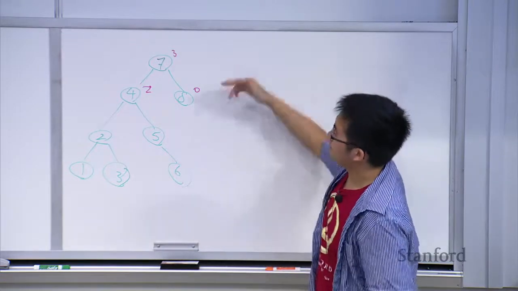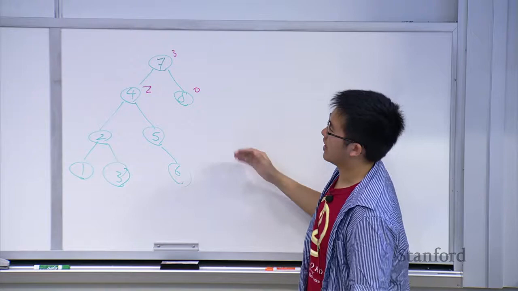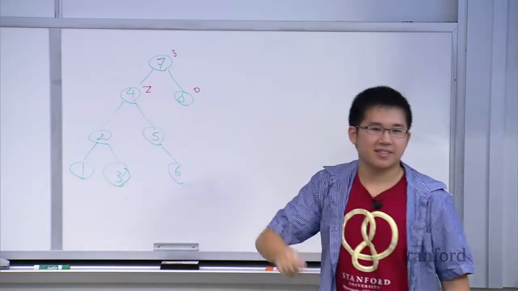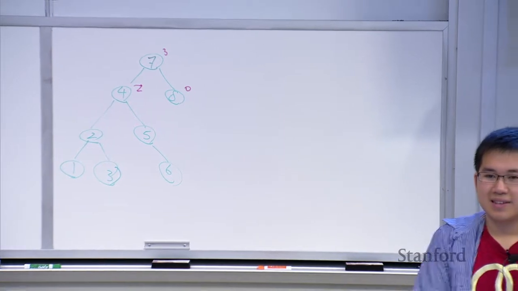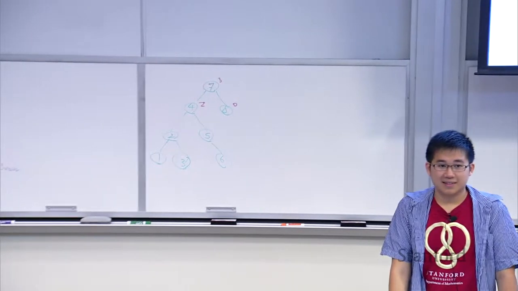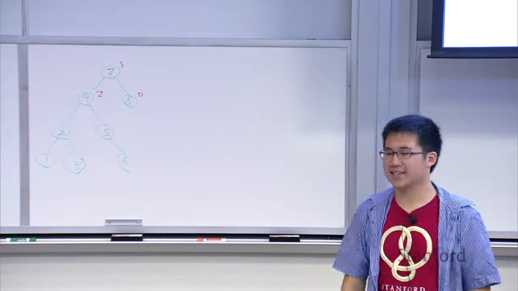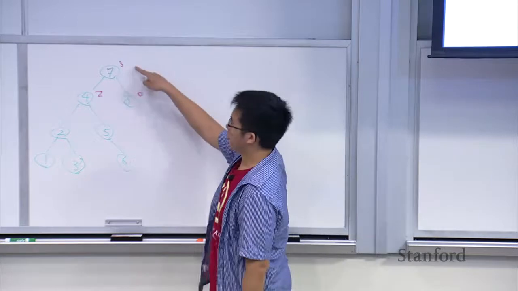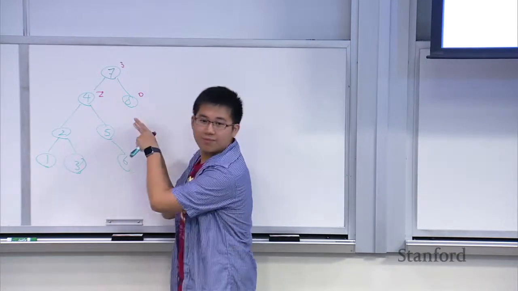Any ideas how the height of the root tree is related to the height of the subtrees? Yeah, exactly. The height of the larger tree is the larger of these two values plus 1.